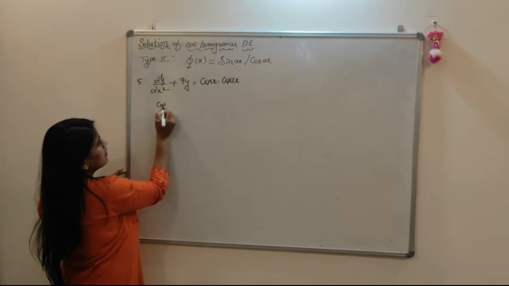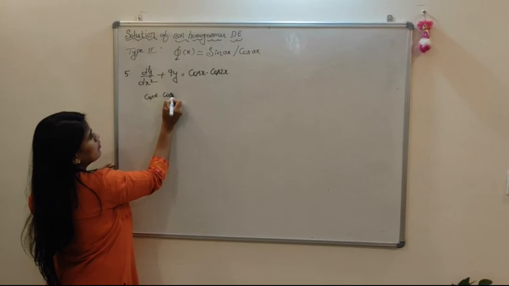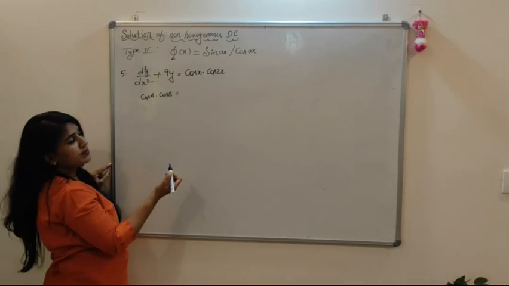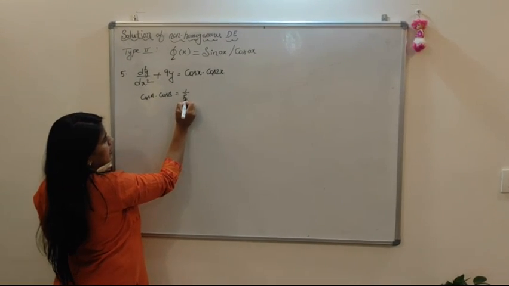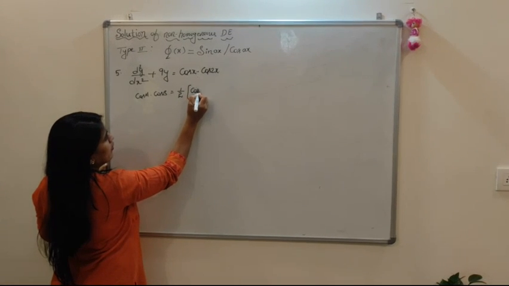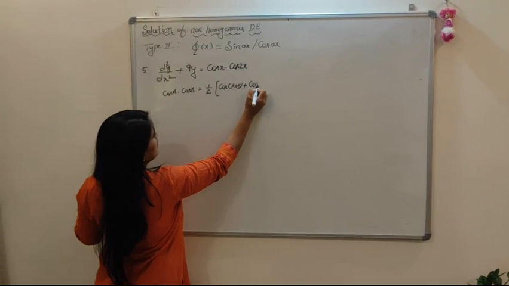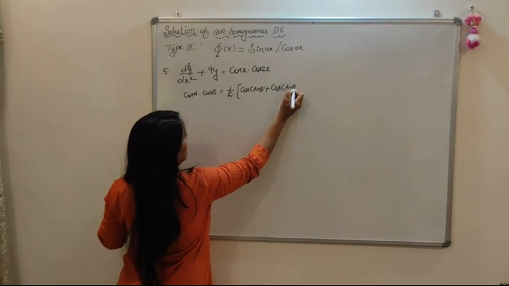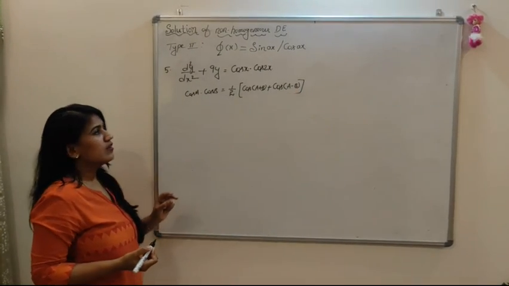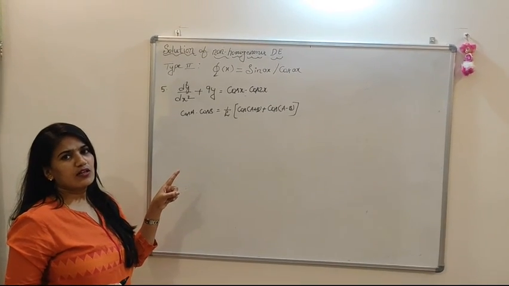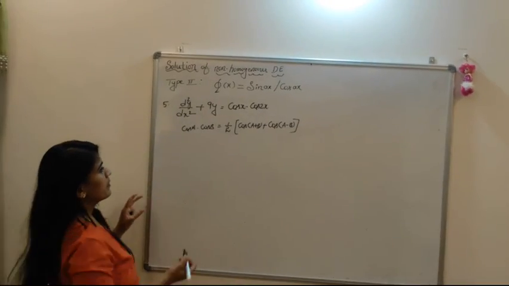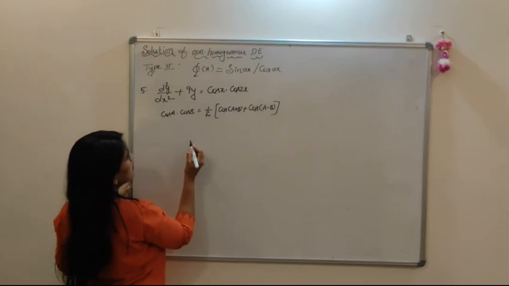This is of the form cos A into cos B, which is 1 by 2 of cos of A plus B plus cos of A minus B. A is x, B is 2x.